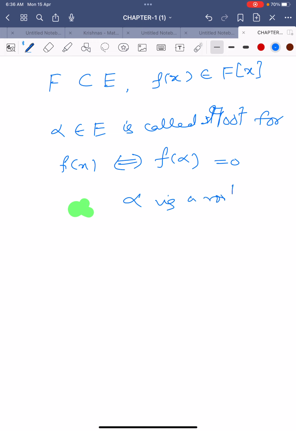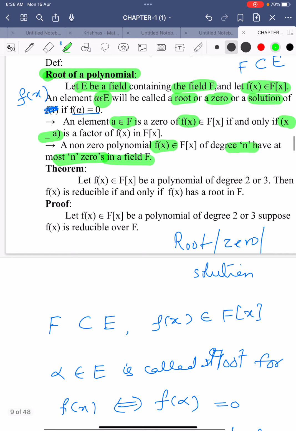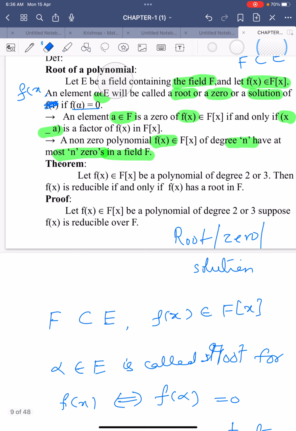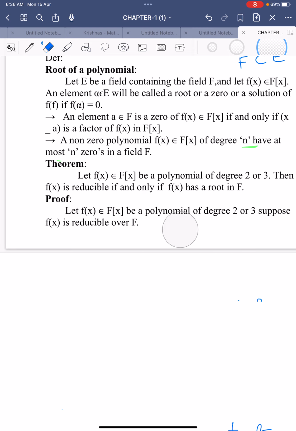If alpha is a root of the polynomial f of x, then obviously x minus alpha is a factor of f of x. So this is the definition of root, and a non-zero non-constant polynomial f of x of degree n has at most n zeros in the field capital F. Remember that the terms zero, root, solution are all equivalent to one another. I think this is a well known definition to everyone.